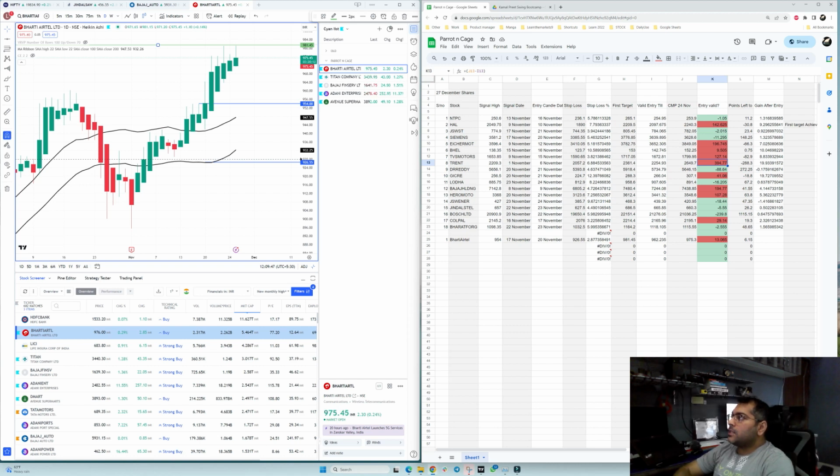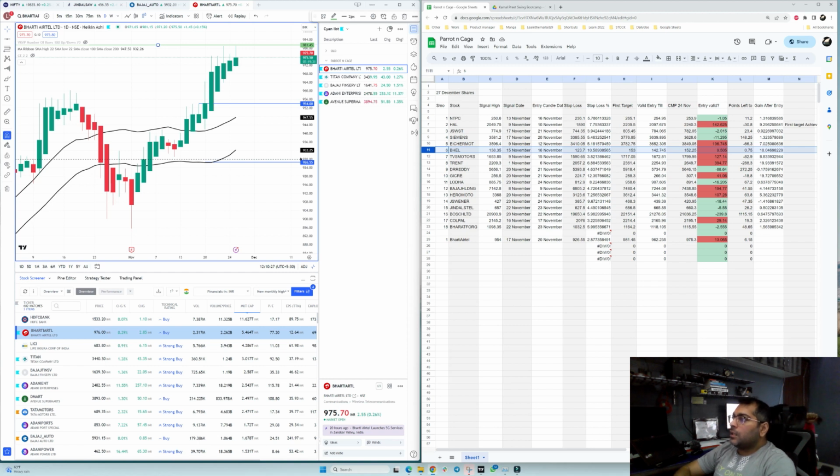In the next section, I have taken a difference to mark how many points till the first target that I can capture. And here is the percentage which suggests how much the stock has moved once the signal high was selected. For example, for BHEL, the stock does not have a valid entry because the stock has already gone past my valid entry level, and points left to capture is 0.75.